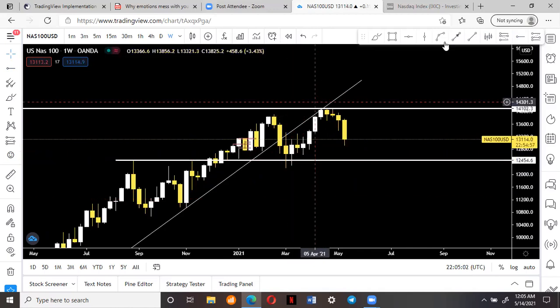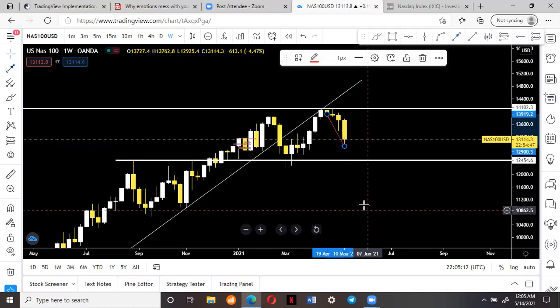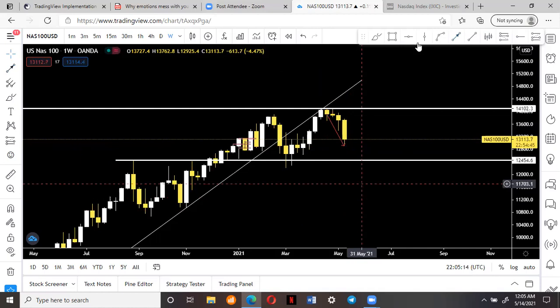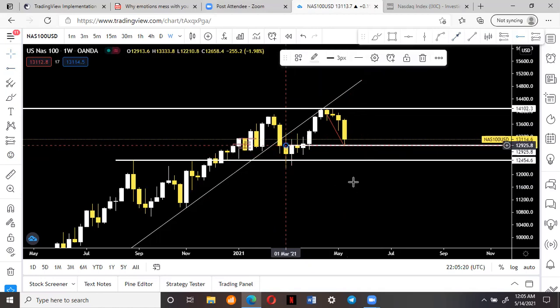And after retesting, we were expecting price to at least, yeah, we hit 12,900. That's the level we were expecting to hit. Now we are going to, yeah.